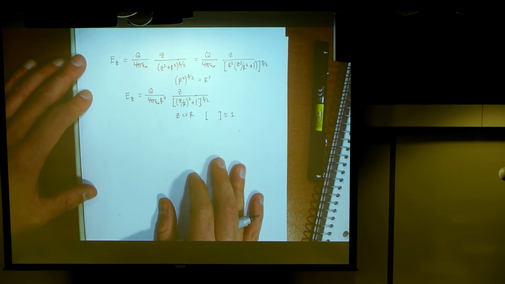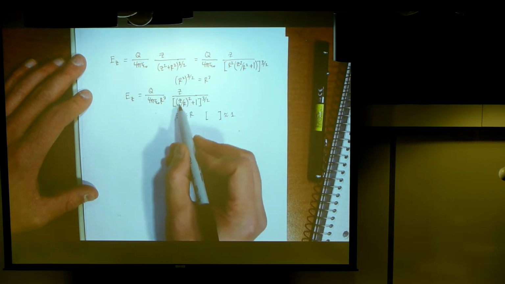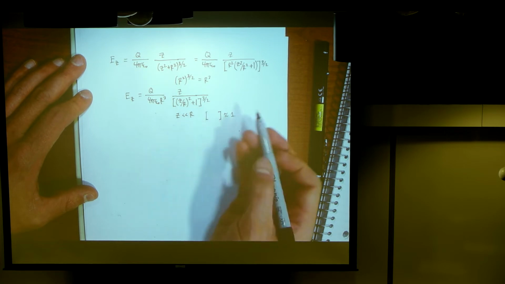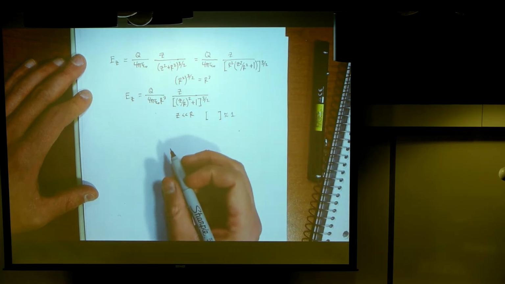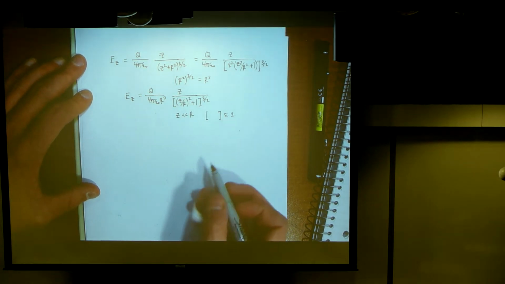Go ahead. Plus 1 on the bracket here? It is. But I'm saying you can basically neglect this term compared to 1. So you're just left with 1. Okay? So 1 is a good approximation for what's in the parentheses. So therefore, here's what we have.